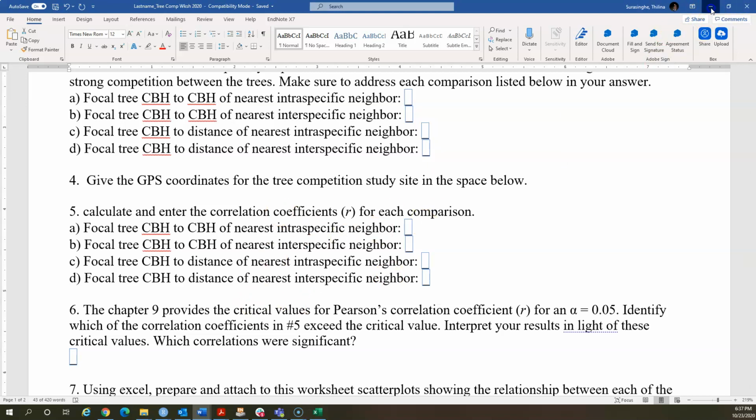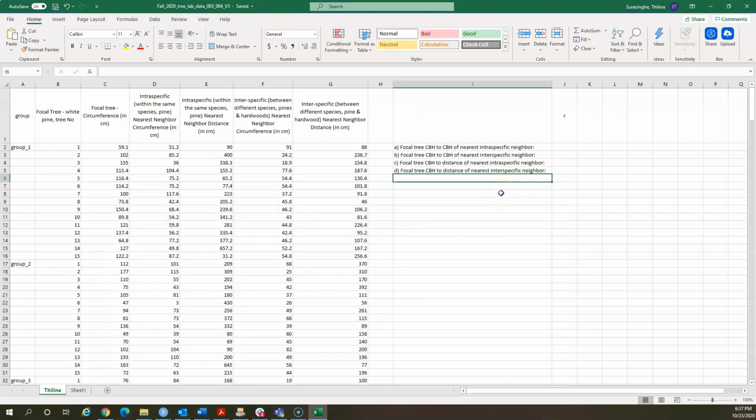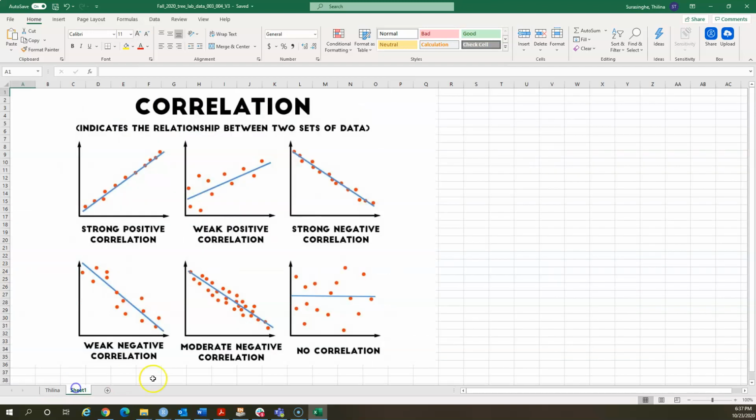So what is a correlation coefficient first? That's extremely important to understand. It's kind of a plot between 2 different variables. Think about this first. You are creating a plot between any given variables.